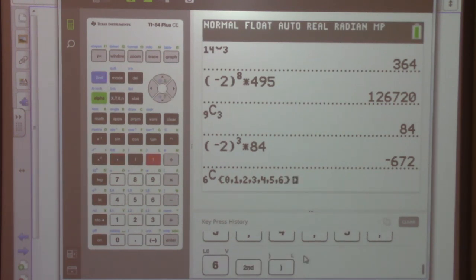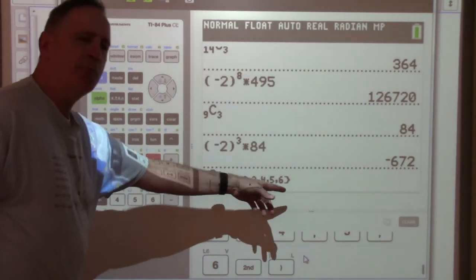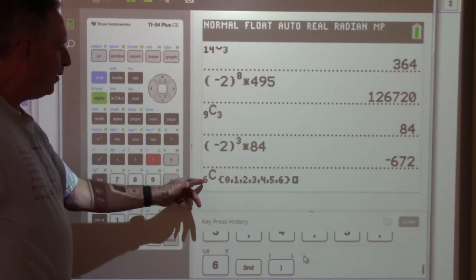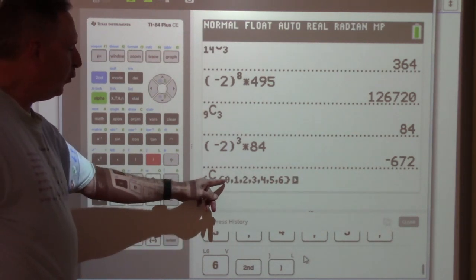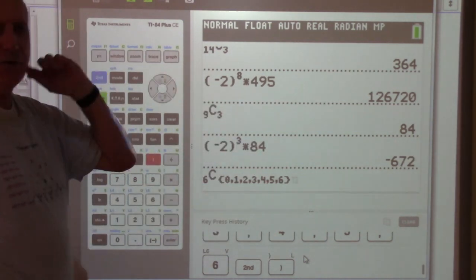Now, do you notice the number of terms is always going to be one more than the n? You see that? Because this is the 0th, so 0, 1, 2, 3, 4, 5, 6.